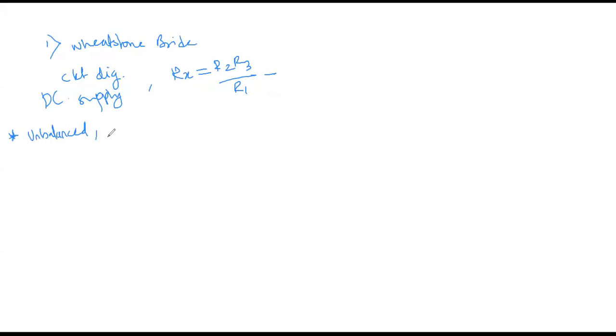In that case, we calculated E or VAB, which is equal to E into bracket R3 divided by R1 plus R3 minus Rx divided by R2 plus Rx.